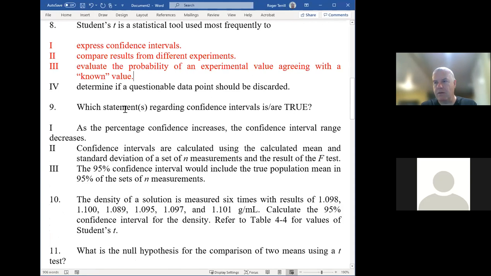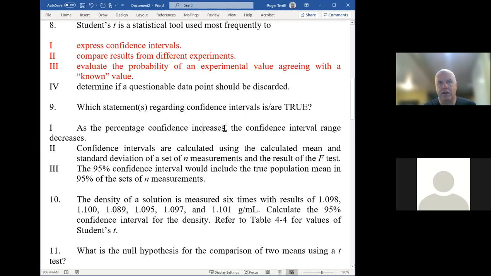So which statement regarding confidence intervals is true? As percentage confidence increases, confidence interval range decreases. Increasing percent confidence, as we go from 80 to 90 to 95 to 99, that's our percent confidence.